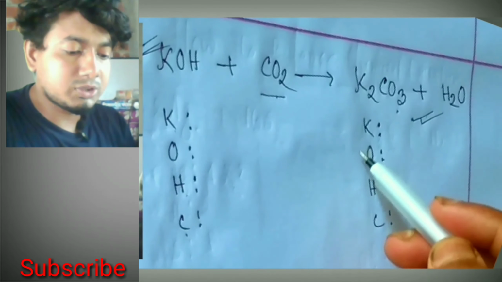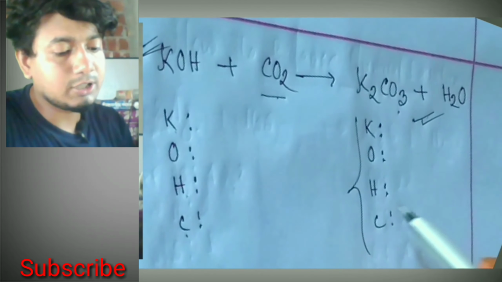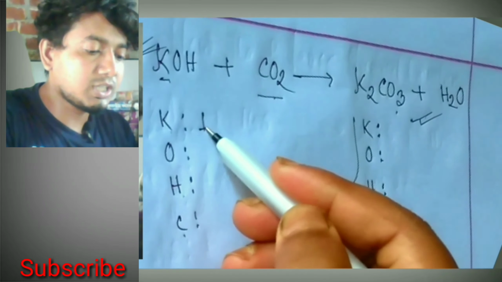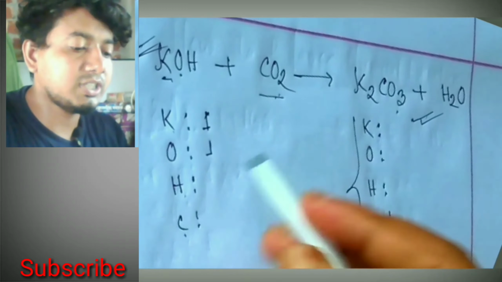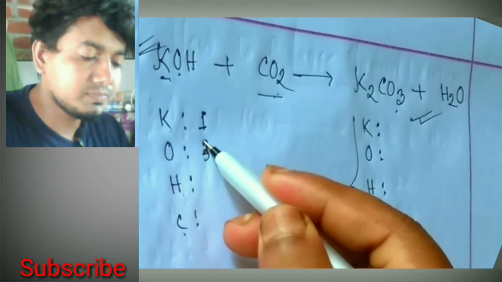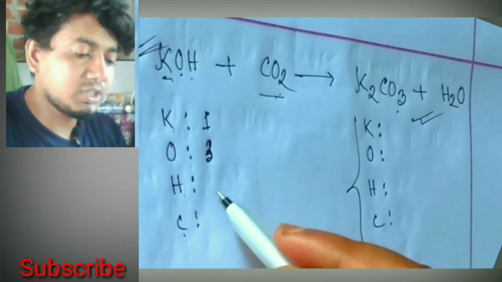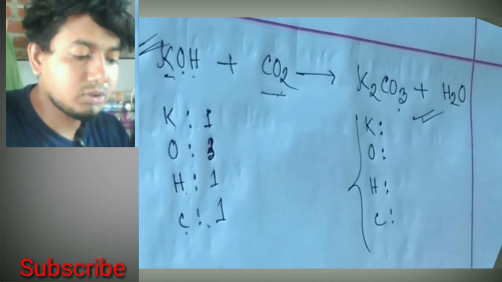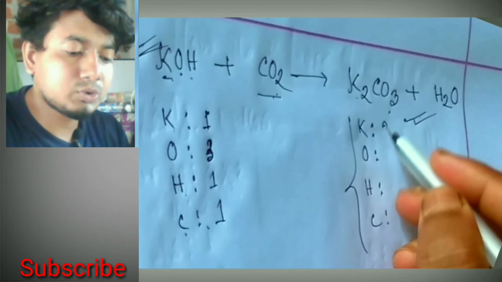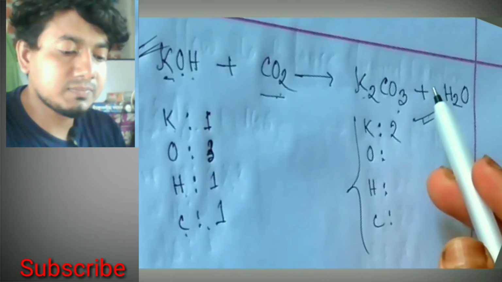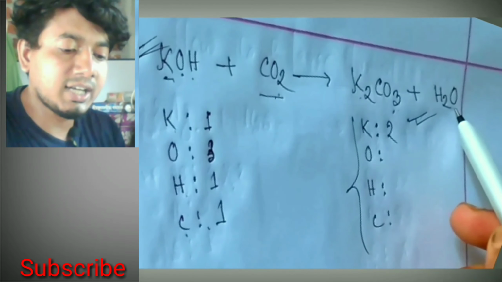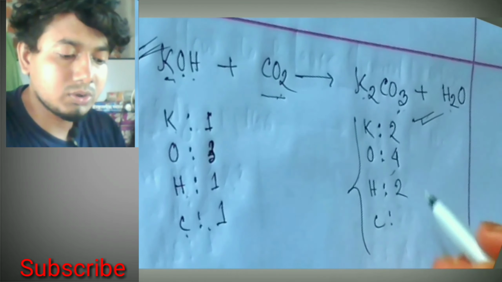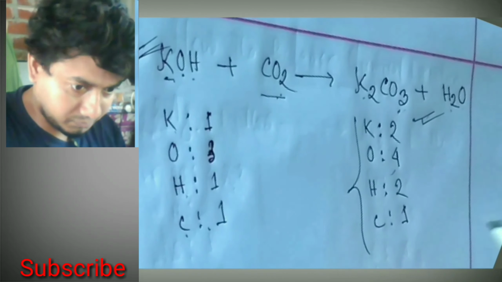So here I put potassium, oxygen, hydrogen and carbon, and we know that here 1 mole potassium, 1 here and 2 here, so 3 mole oxygen, hydrogen is 1 mole, carbon is 1 mole, and here potassium is 2 mole, oxygen is 3 here and 1 here, so 4 oxygen, hydrogen is 2 and carbon is 1.